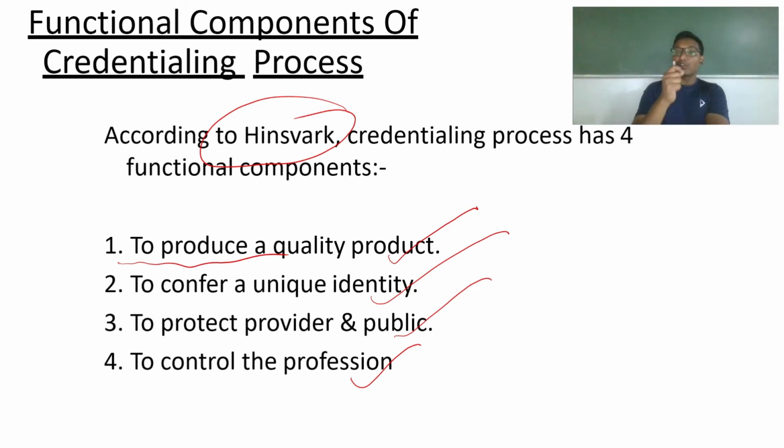Whenever you give quality care, the amount they are paying benefits them in the form of care. The amount they spend on their health is mainly achieved through quality care. That is what the credentialing process is meant for.